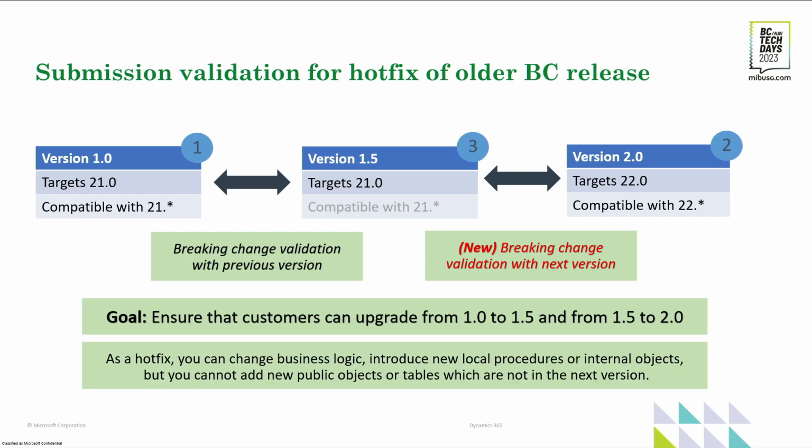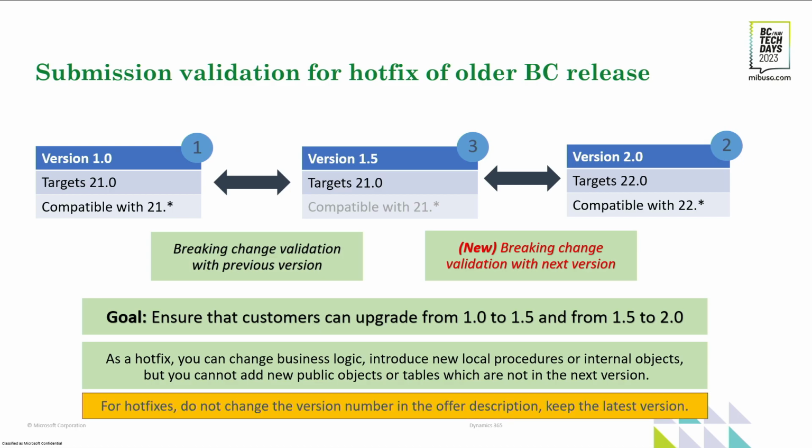This means that the type of changes you're doing there is more limited. So what you can do is change your business logic. You can introduce new local procedures. You can introduce internal objects. But you cannot add new public objects that are not in the next version. And you cannot add new tables, new table fields, again, unless they are in version 2.0 as well here.